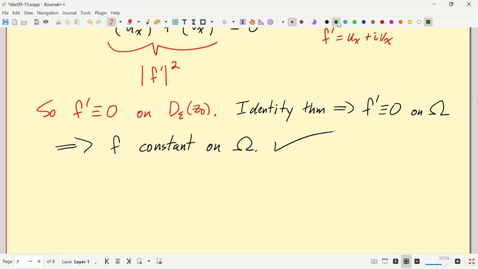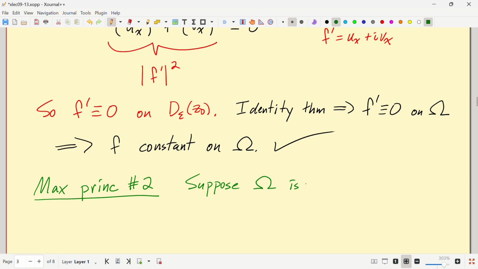There's one that often gets applied, and it's easier to describe in the engineering courses. Sometimes this is the maximum principle. I'll call it maximum principle number 2. Let's suppose omega is a bounded domain. It's important that it be bounded here.